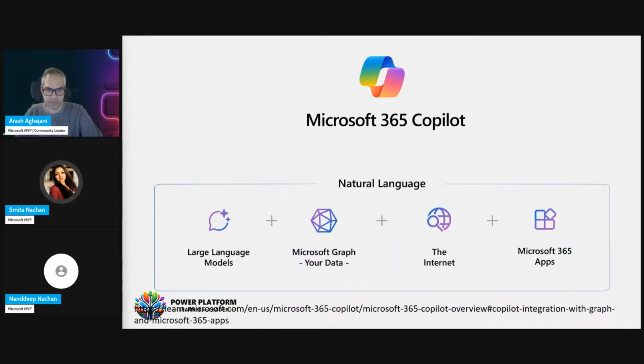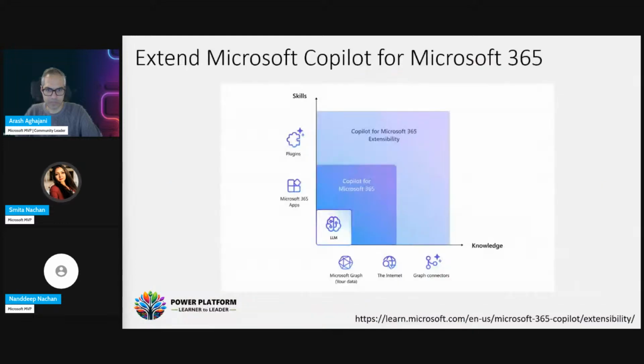Now, let's go ahead and see how we can extend Microsoft Copilot for Microsoft 365. Copilot for Microsoft 365 helps people work better with Microsoft programs like Word, Excel, as well as Outlook. It is good at tasks like understanding, summarizing, predicting, as well as translating.